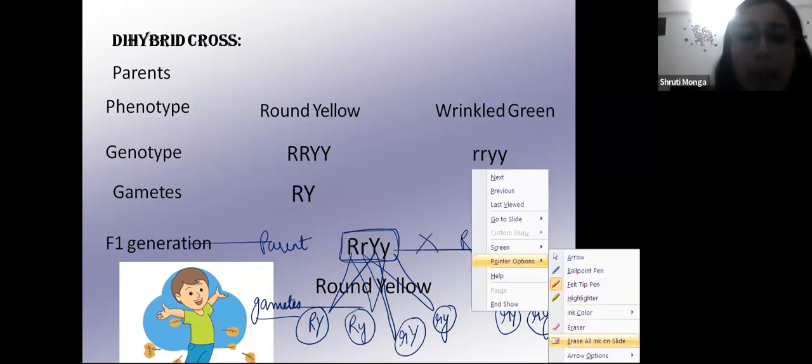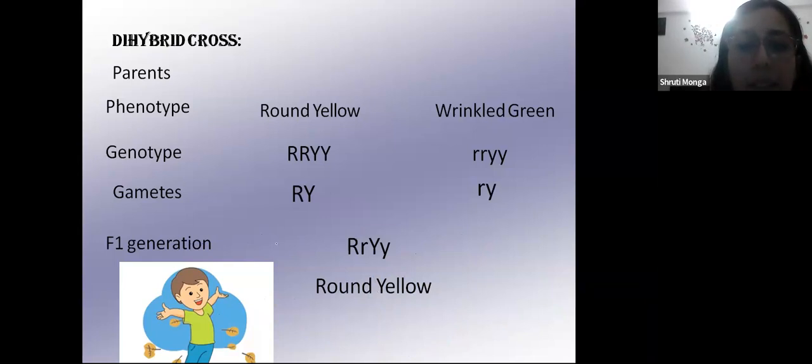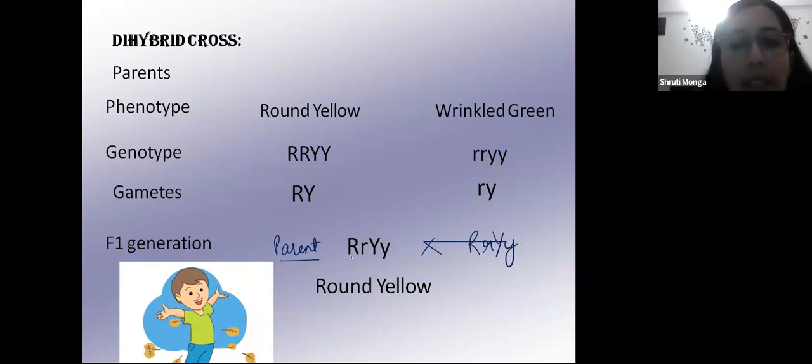See quickly. This becomes the parent for the F2 generation. So cross them with the same. Take out the gametes. How are you going to make the gametes? Multiply capital R with first capital Y. Then multiply capital R with small y.